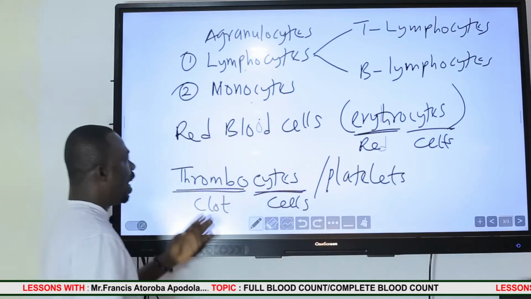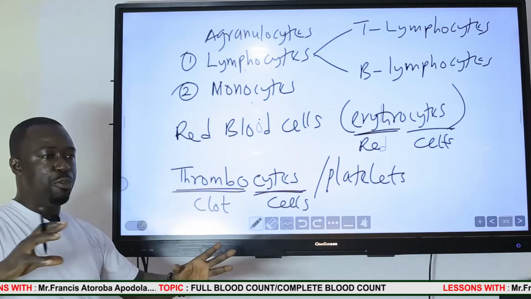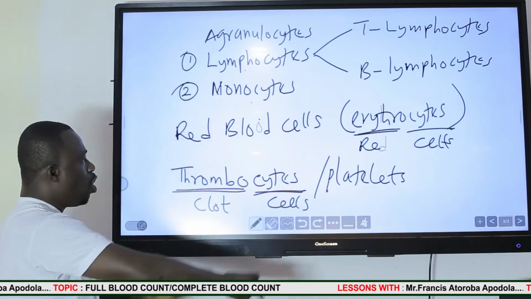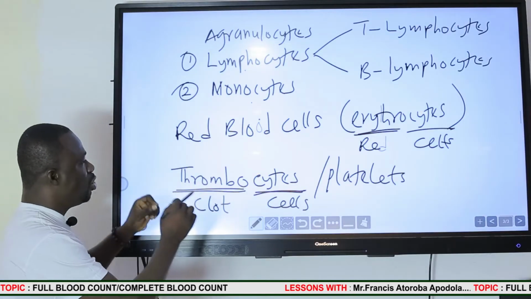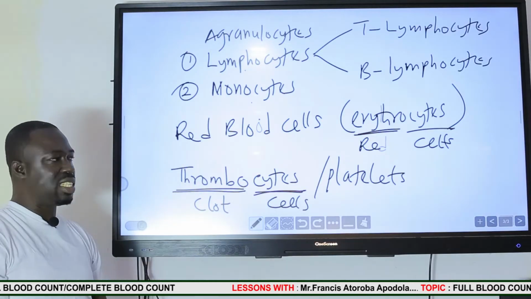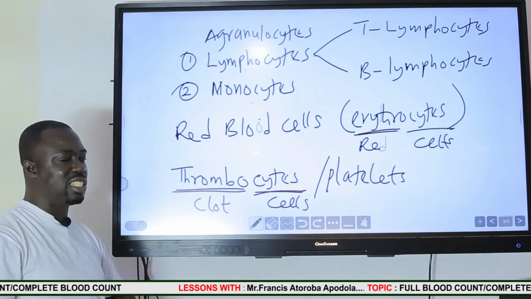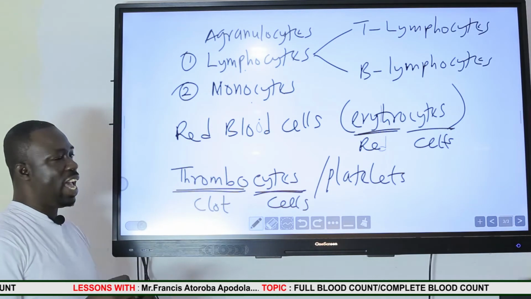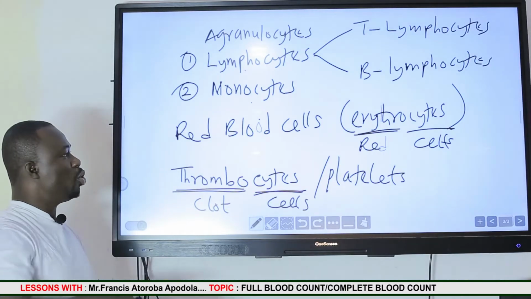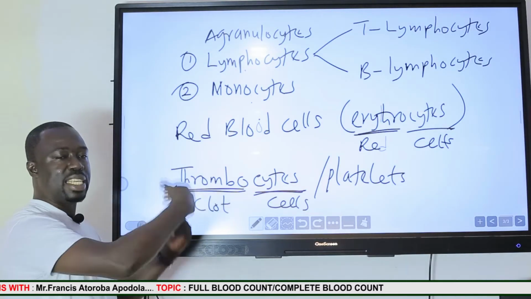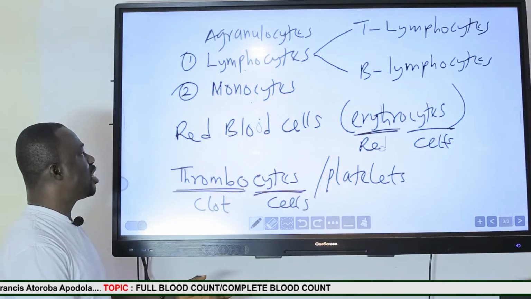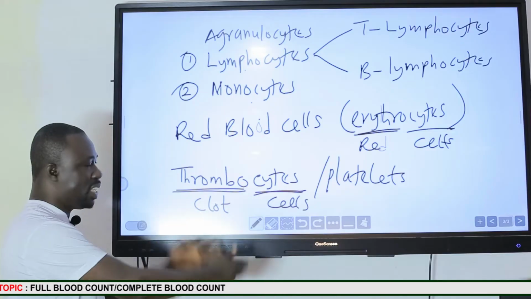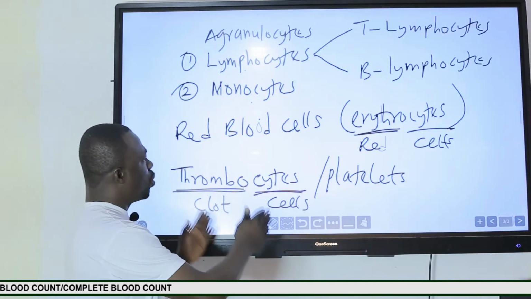So these are the cells that the full blood count test measures. It counts all these cells, and in addition, it assesses the size and shapes of these cells, especially the red blood cells and the platelets. There are other associated parameters that will be measured relating to white blood cells, red blood cells, and platelets.